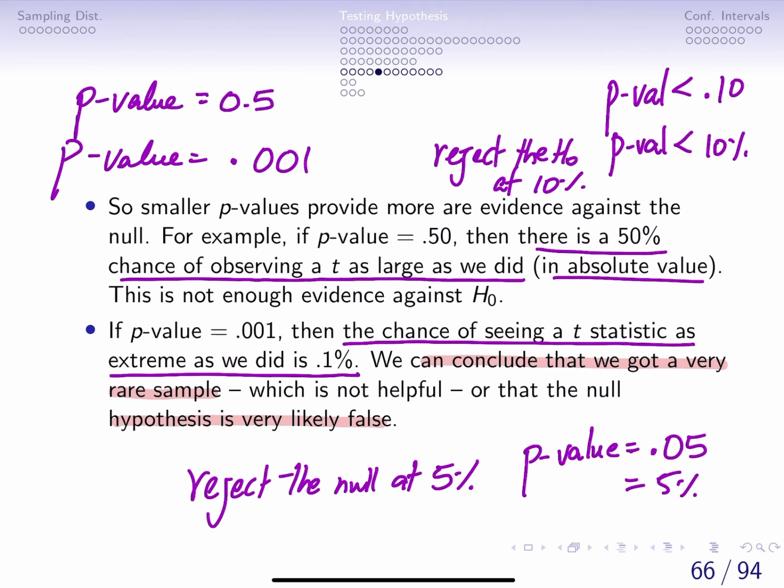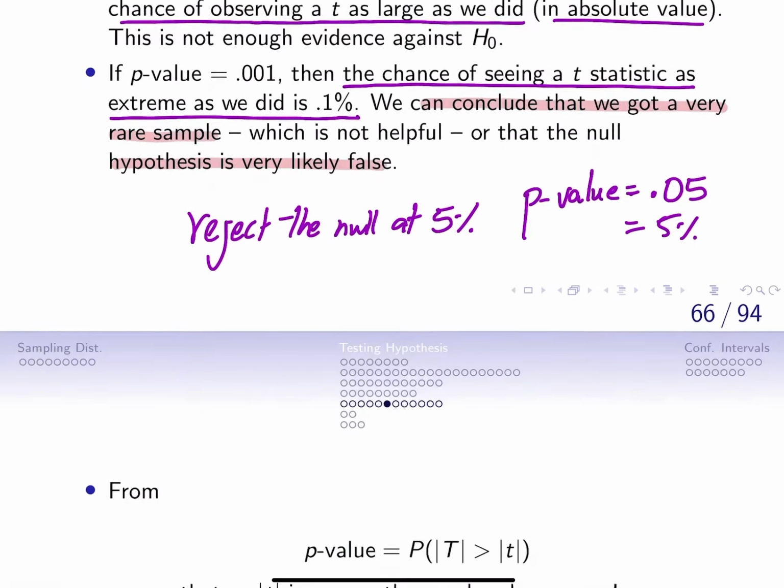So the smaller the p-value, the higher the likelihood that you would reject the null, or the higher the likelihood that the null hypothesis we set up is very likely false, or we have to reject it. But typically we would reject the null at values less than 10%, and we would say that that's significant.